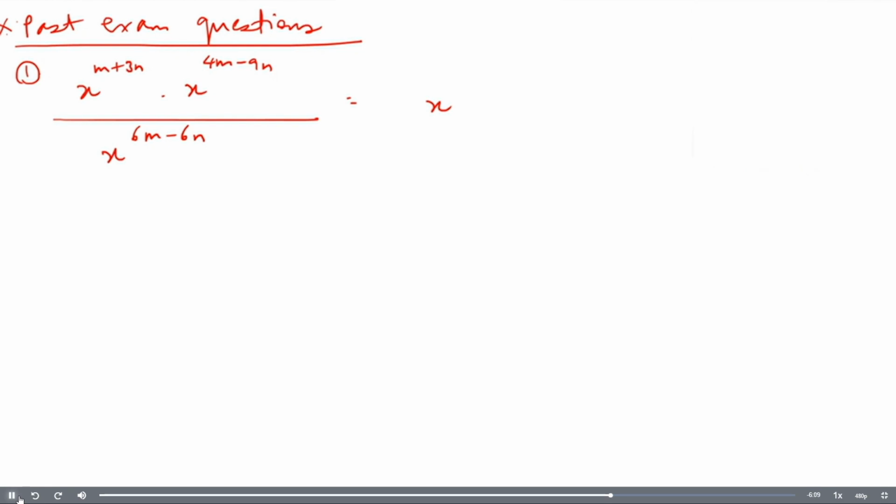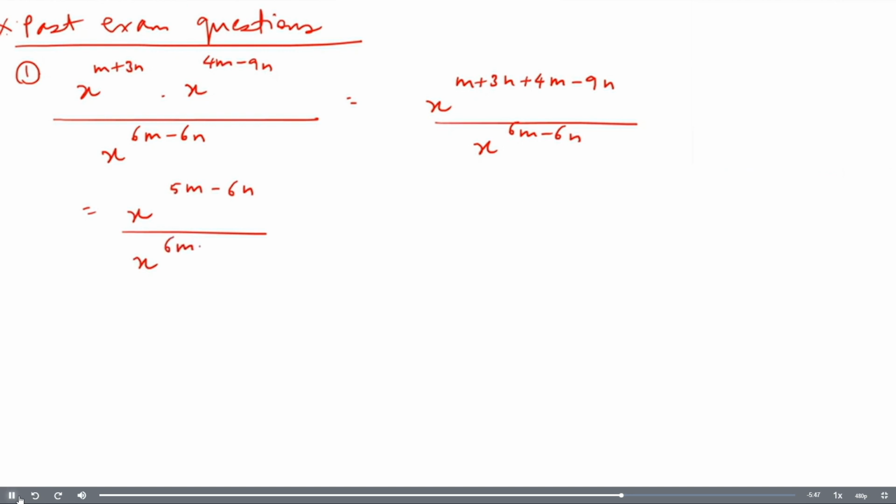So x to the power m plus 3n plus 4m minus 9n, the whole divided by x to the power 6m minus 6n. That is equal to x to the power 5m minus 6n by x to the power 6m minus 6n.